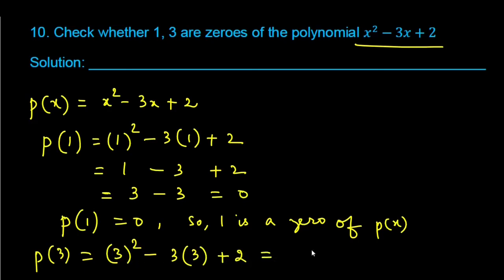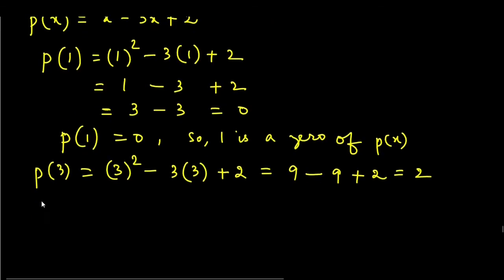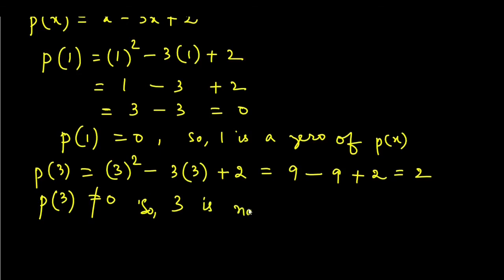This becomes 3 square is 9, minus 3 into 3 is 9, plus 2. 9 minus 9 is 0, plus 2. P of 3 is not equal to 0. So 3 is not a 0 of P of x.